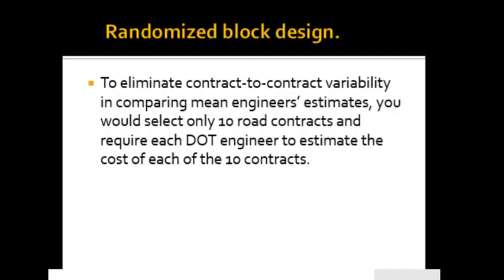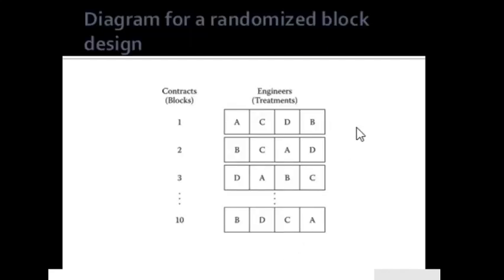And so what we can do is we can select basically 10 road contracts, and this will be our block. And each DOT engineer will estimate the cost of each of the 10 contracts. Okay, that way we can get rid of the variability due to the contracts. So something like this.